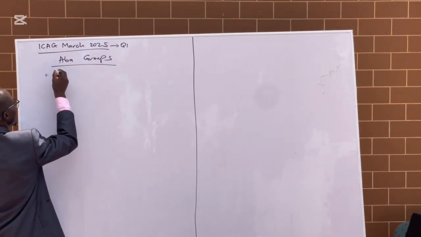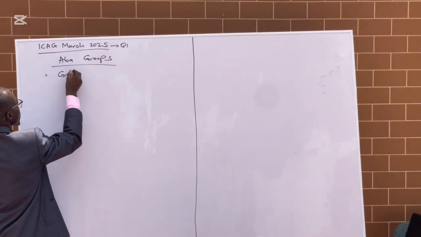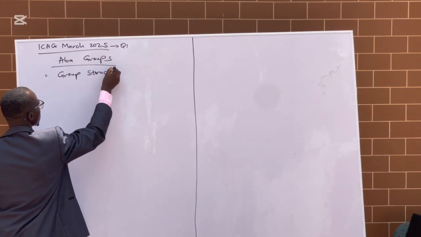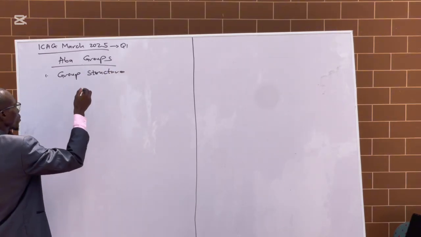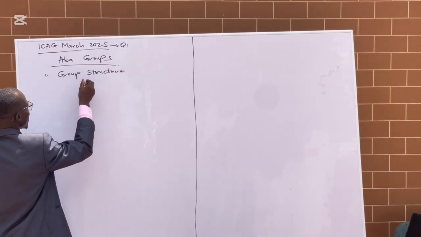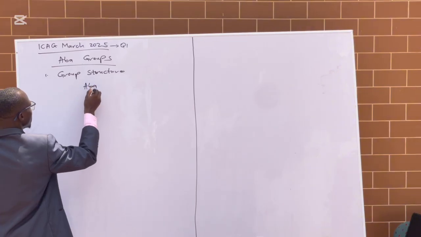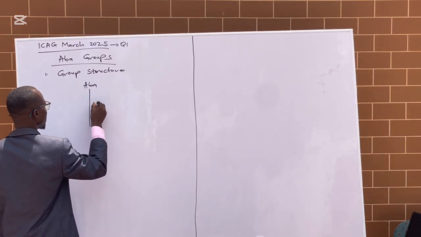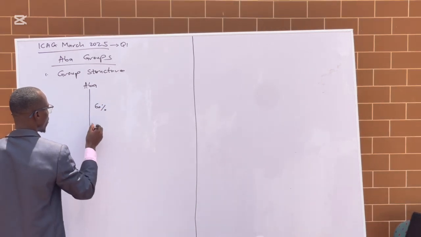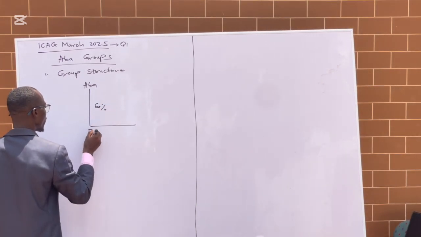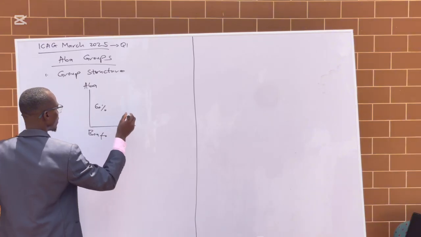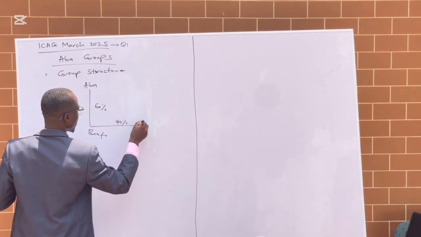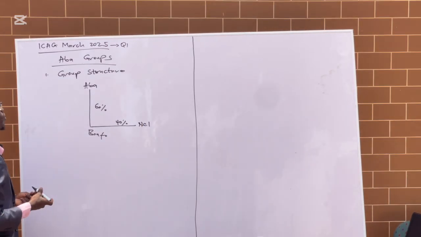Then let me bring the first working, which is the group structure. They're saying ABBA Limited has 60% shares of Boafo Limited. So Boafo Limited will be having 40%, which is the NCI. So this one will be our group structure.